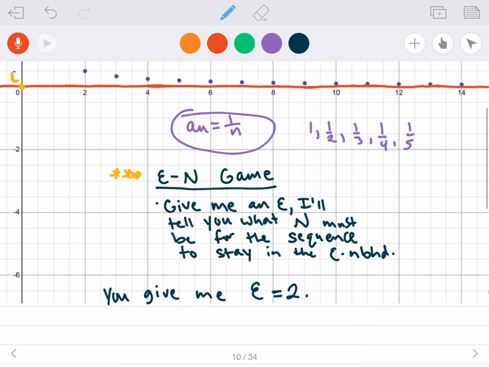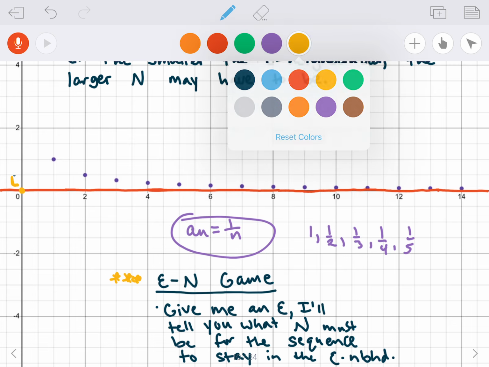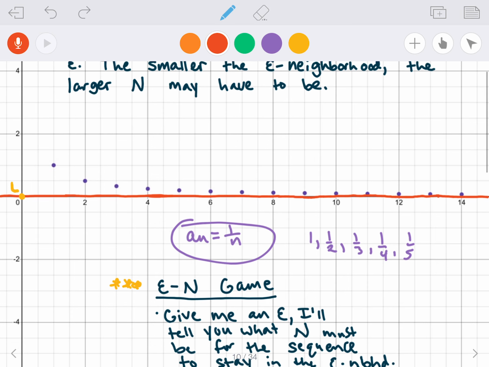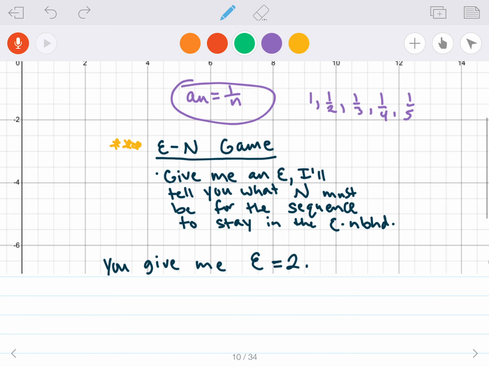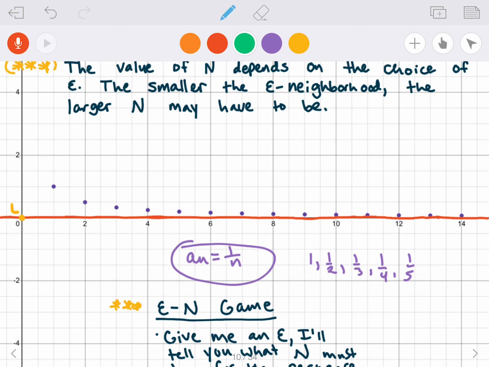If I give you epsilon equals 2, here's L. Here's what I'm claiming the sequence converges to, which is 0. And my epsilon neighborhood is 2, so 0 plus 2 is going to be up here. I'm going to do it in another color. Let's do it in green. So 0 plus 2 is going to be up here.